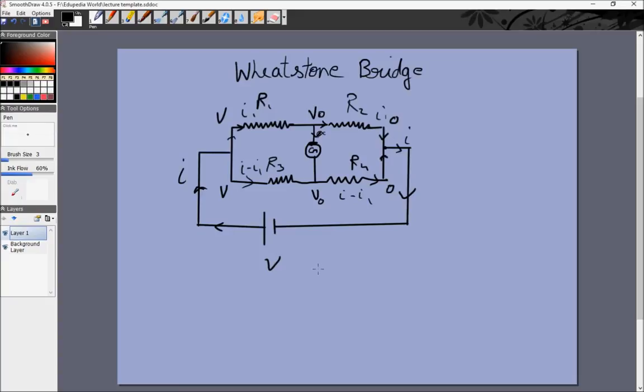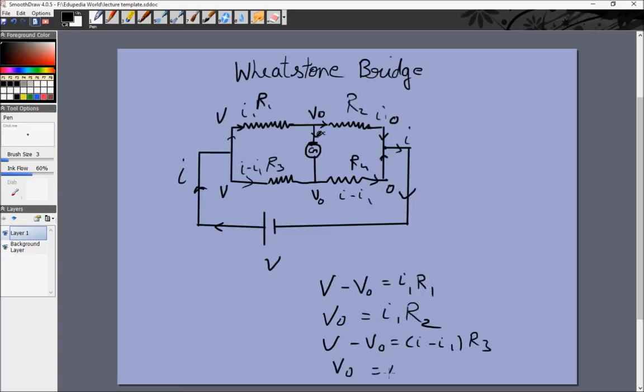Right? So the first point would be V minus V0 is equal to I1 R1. Then the equation will be V0 is equal to I1 R2. Then we'll have V minus V0 is equal to I minus I1 times R3, and V0 is equal to I minus I1 times R4.